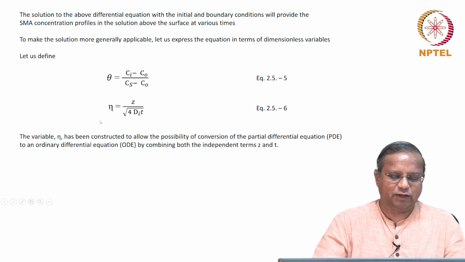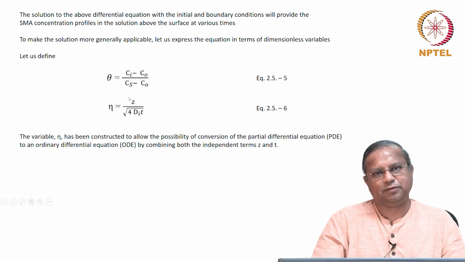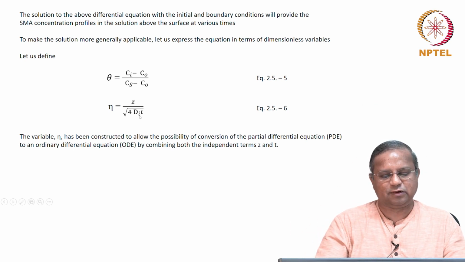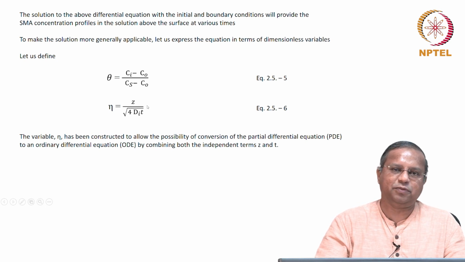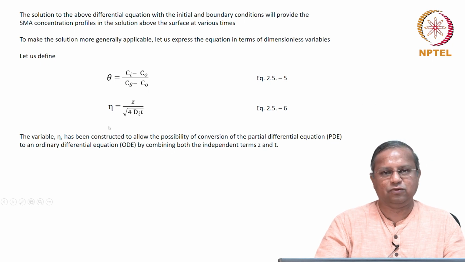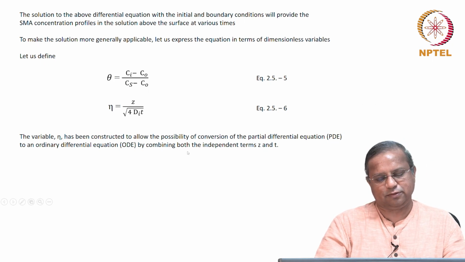As I mentioned, this variable eta has been constructed to allow the possibility of conversion of the PDE into ODE by combining both the independent terms, z as well as the time. Okay, the space variable as well as the time variable has been combined very cleverly into this variable, and this formulation is going to help us convert the PDE into an ODE.